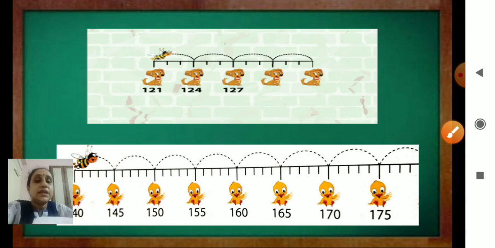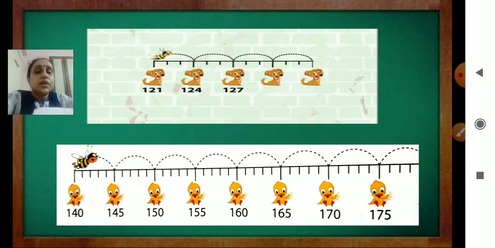Now let's see what is the next one. What is written there? 121, 124, 127. So can you tell me how much you have to skip? How many numbers skip counting is it? 121. Count after 121, what are you getting? 122, 123, 124. 3 fingers.